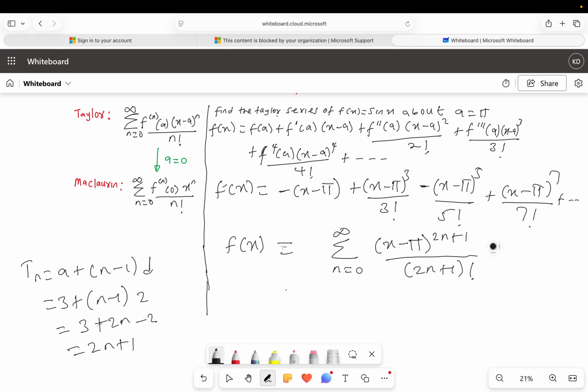I can deal with that using minus 1 to power n plus 1. When n is 0, I will have negative. When n is 1, I will have positive. That is how it will keep on progressing. So this is the Taylor series of sin x about the point a is equal to pi.